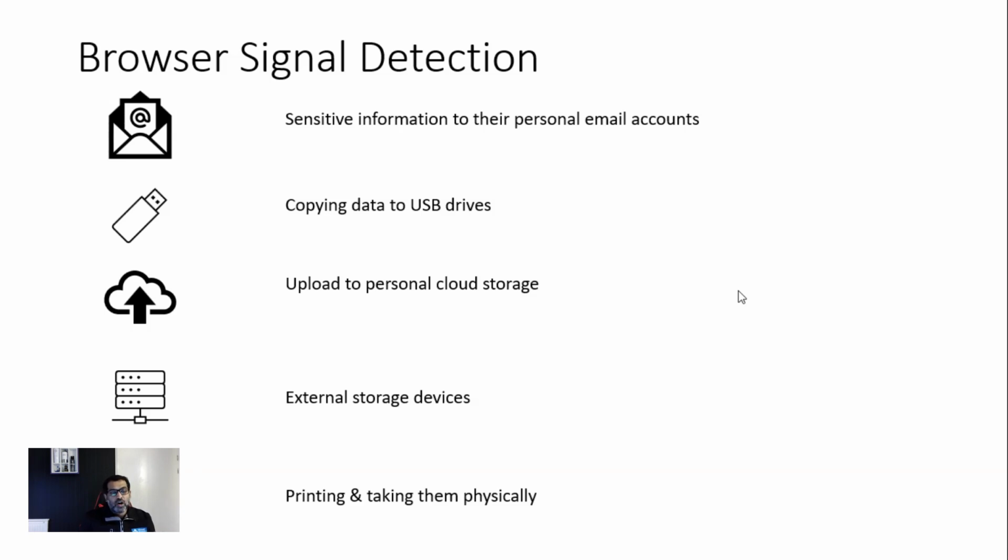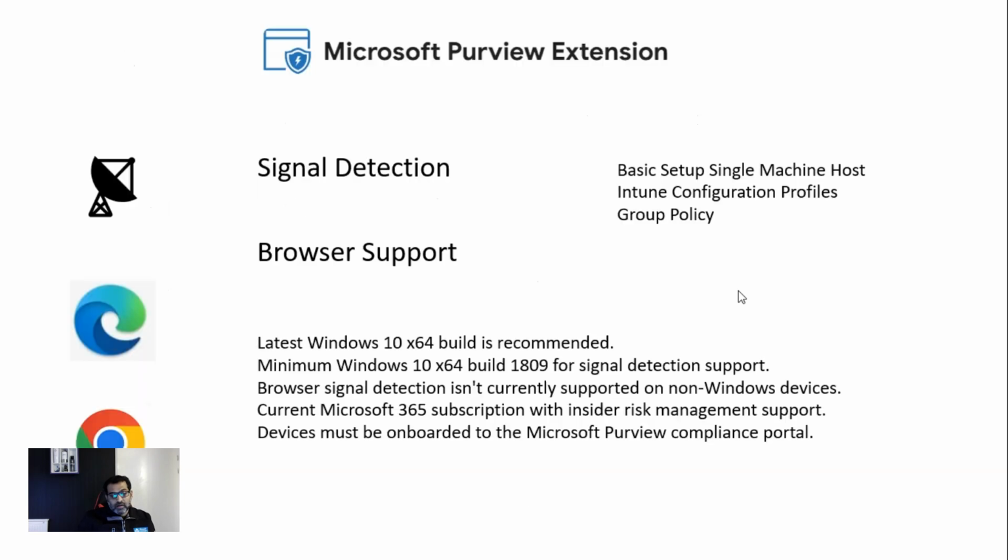While coming to insider risk management browser signal detection, Microsoft Purview has an extension. That extension plays a significant role in enhancing insider risk management. So, let's talk about the Microsoft Purview extension.